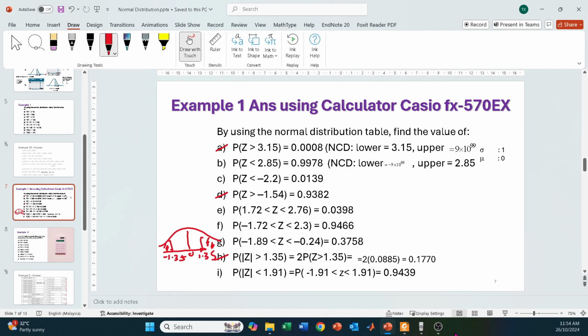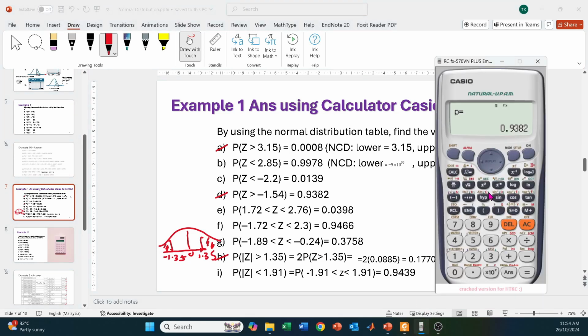I will still be in the greater mode, so my lower is 1.35, upper is still a big number. Sigma is 1, mu is 0. Then you get 0.0885. So 2 times this value gives 0.1770.